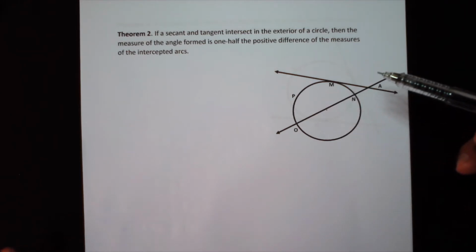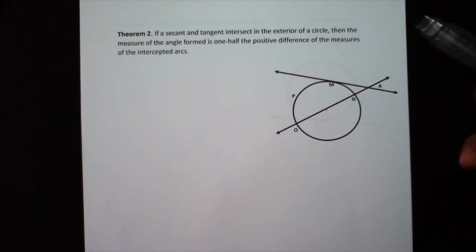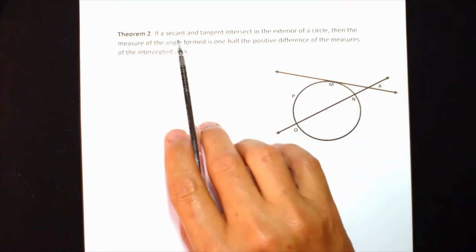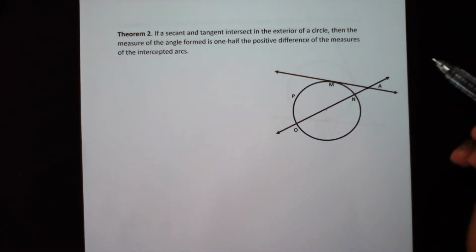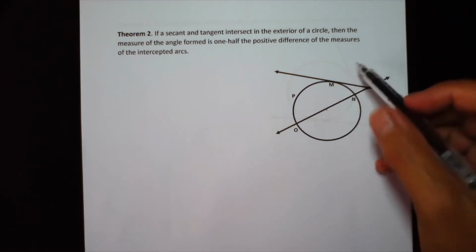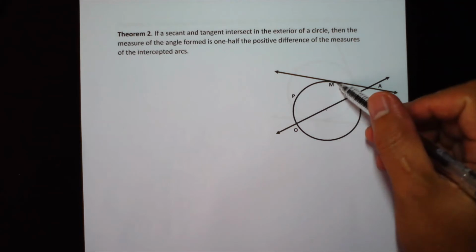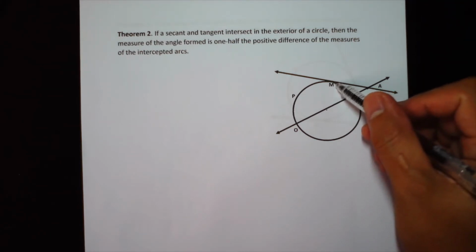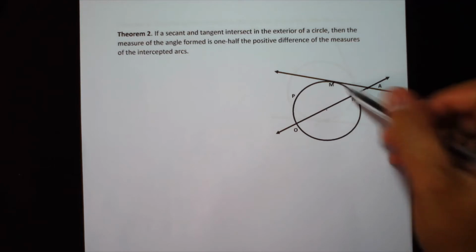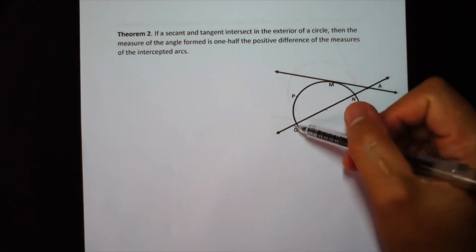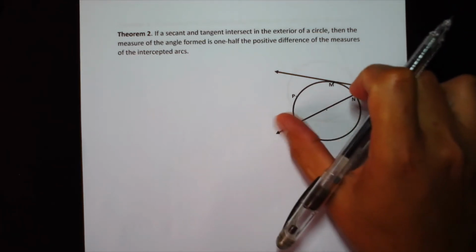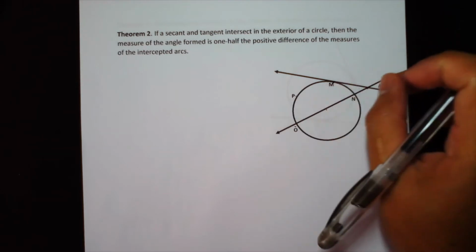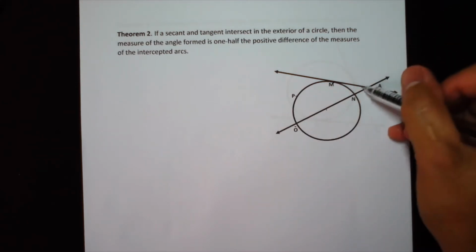Based on the theorem, they intersect in the exterior here, so the measurement of the angle formed is 1/2 of the positive difference of the intercepted arcs. We have here the intercepted arcs MN and OPM. So if we get the difference of the two, then multiply it by 1/2, that will be the measurement of this angle.